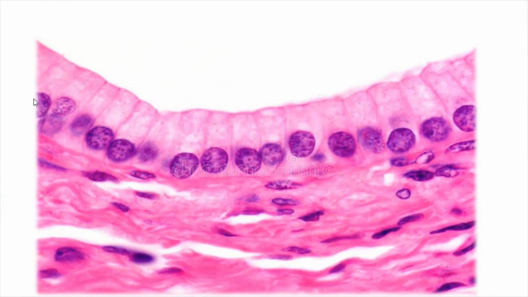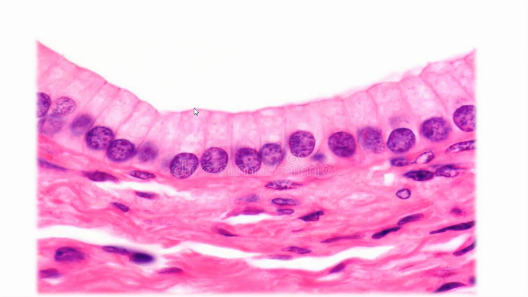So this is a slide. This is a simple columnar cell here, simple columnar cells. So just pick 1, 2, 3, 4 and draw them. Okay.